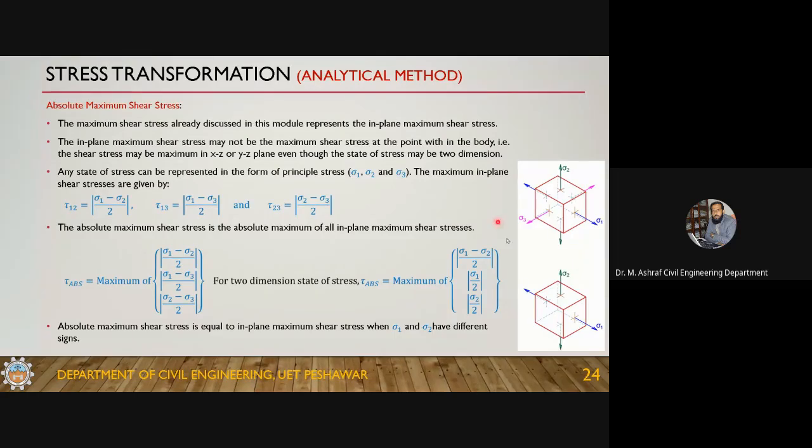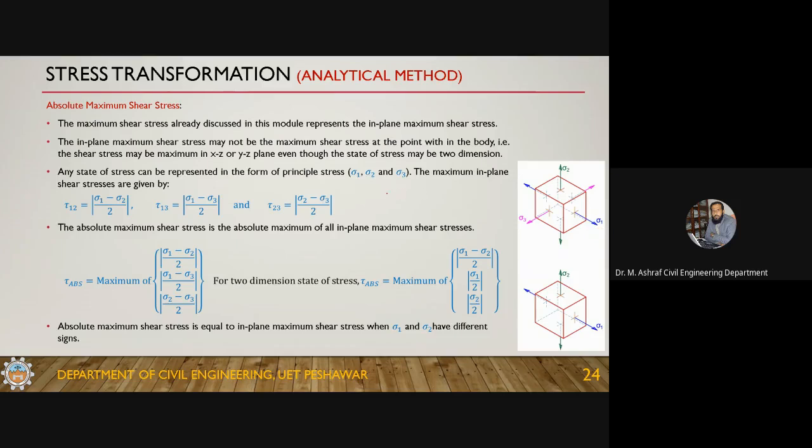Now, let's suppose you have a state of stress that is three-dimensional and is subjected to principal stresses. You can represent any state of stress in the form of principal stresses. If you look at this state of stress from this direction, it is in the 1 and 2 plane.